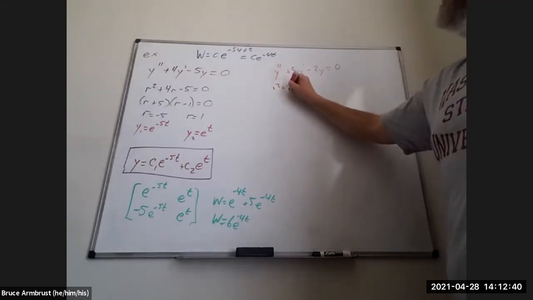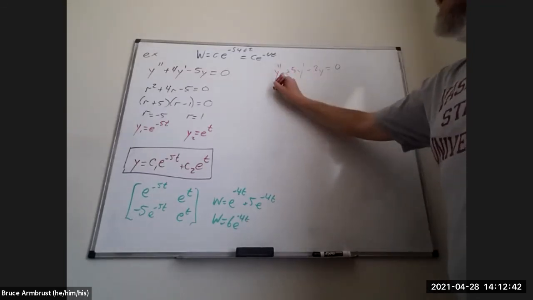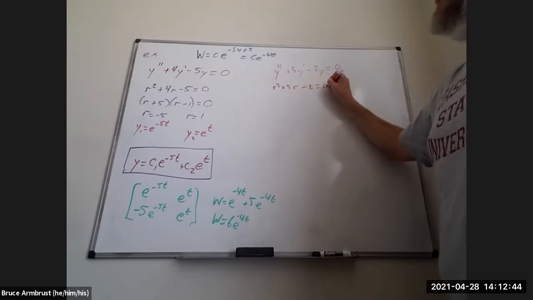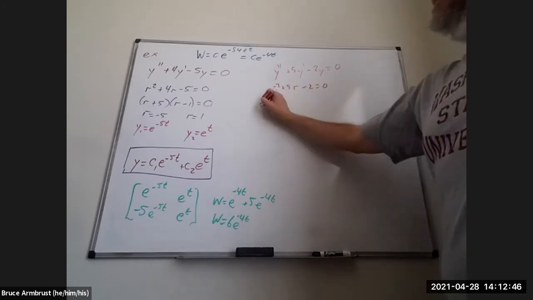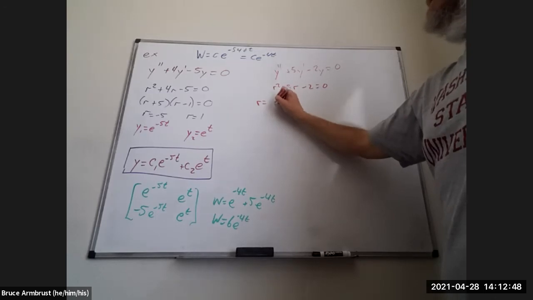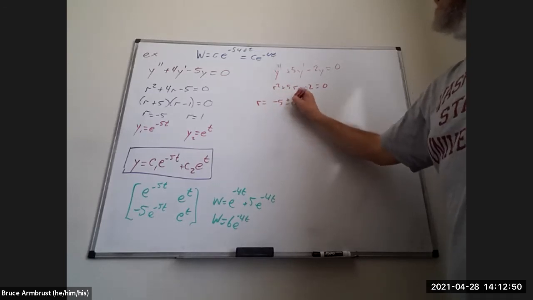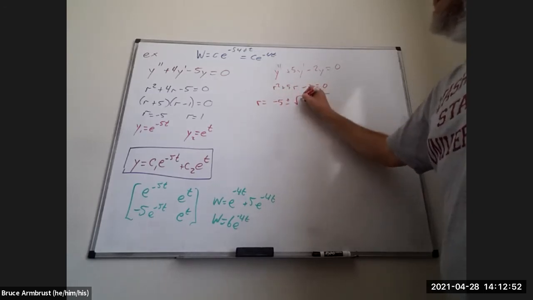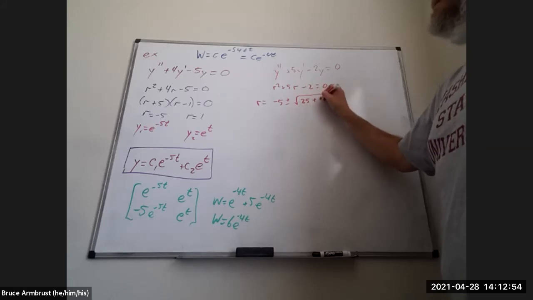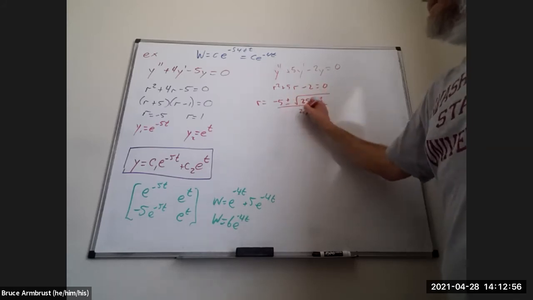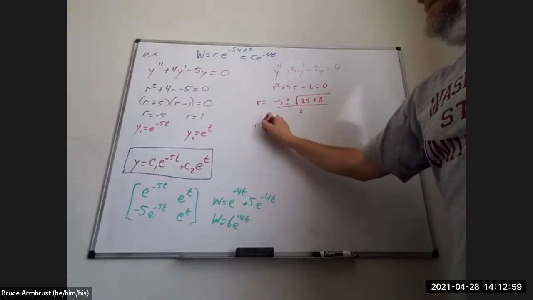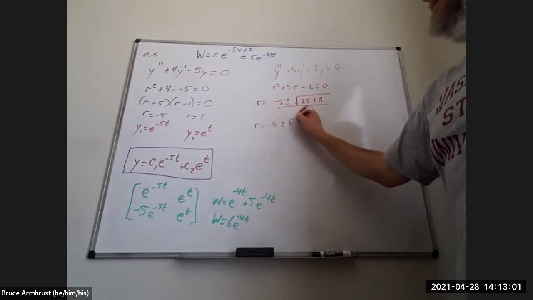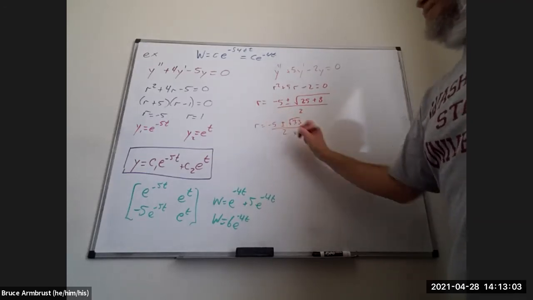We're going to get r squared plus 5r minus 2 equals 0. So we go to our quadratic formula. -5 plus or minus the square root of 25 plus 8 all over 2. So we get -5 plus or minus the square root of 33 over 2.